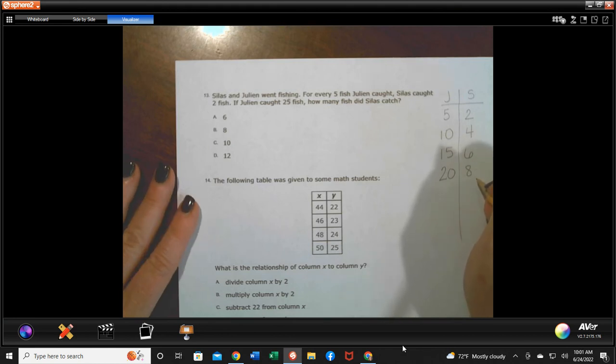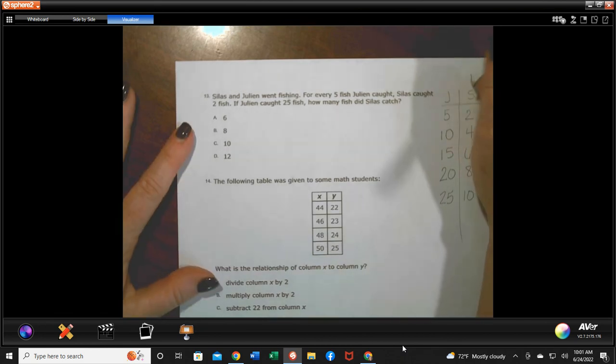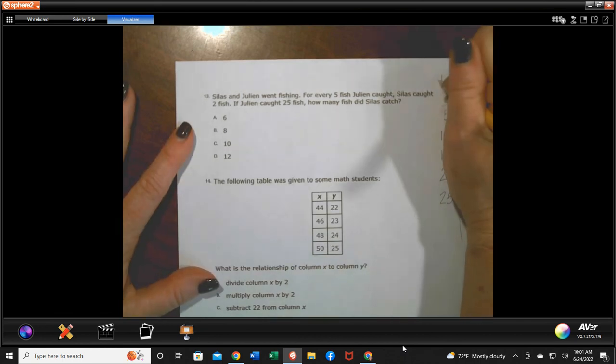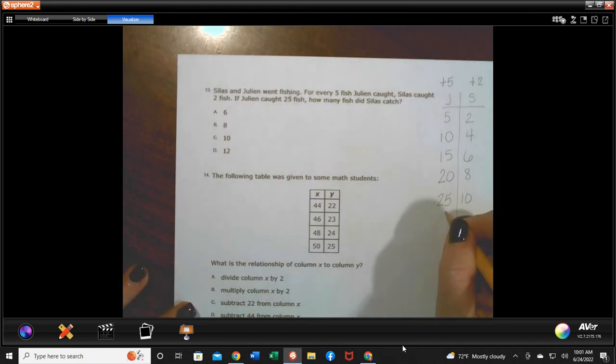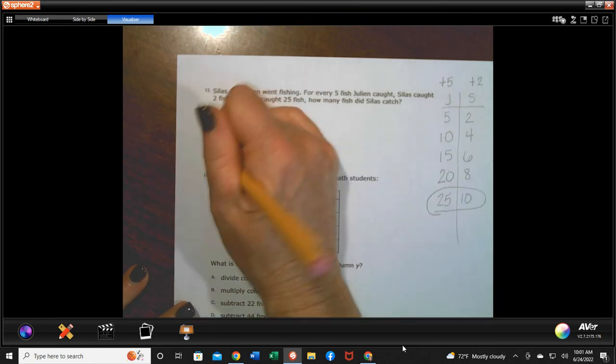And when Julian catches 25, Silas would have 10. So Silas is catching 2 fish for every 5. So this is what I was doing. I was following the rule of for every 5, Julian increases by 5, Silas increases by 2. All right, so here it is. When Julian catches 25, Silas has 10.